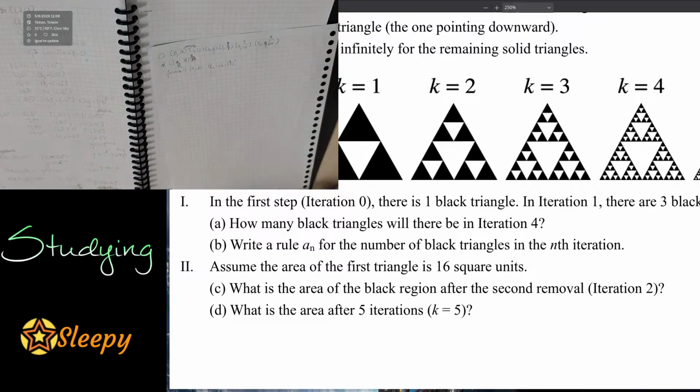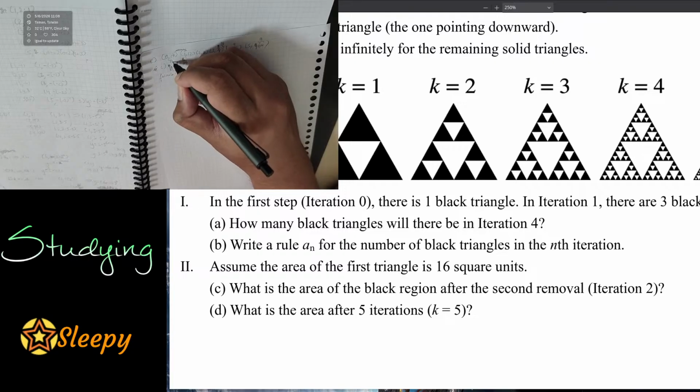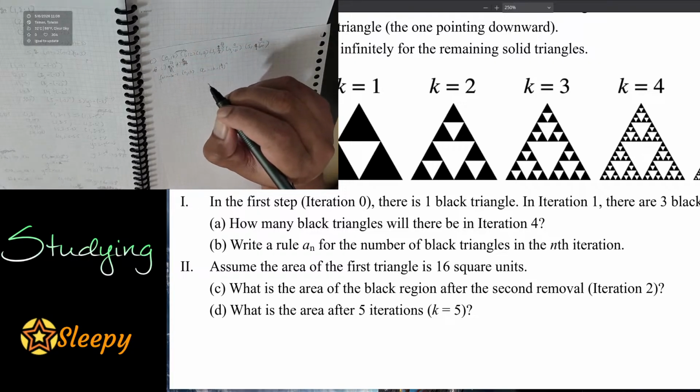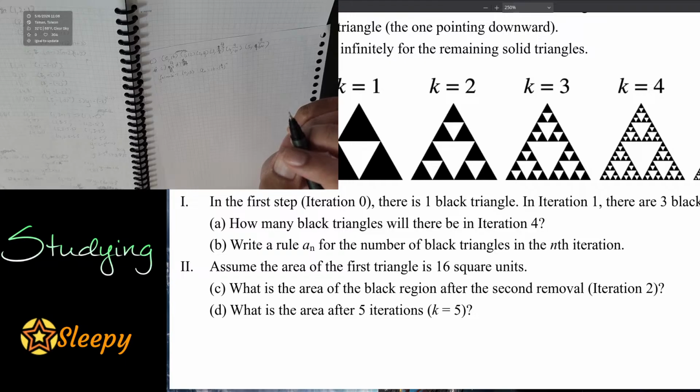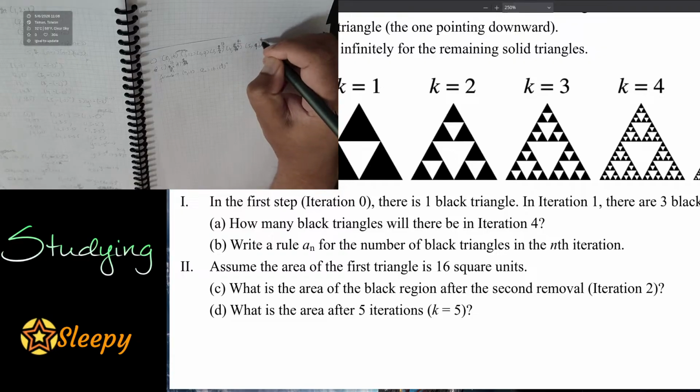So this is 27/4, right? Approximately, yeah, that's good. Then the next one is 81 over 16, and the next one is 243 over 64.